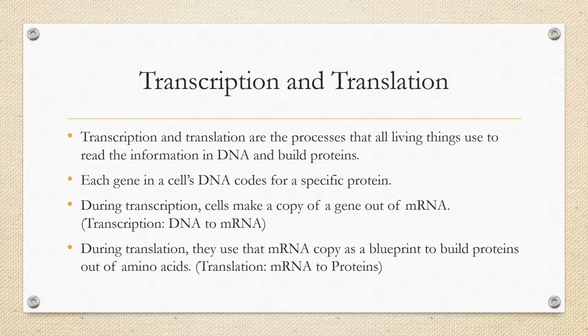So transcription is DNA to mRNA. And during translation, they use that mRNA copy as a blueprint to build proteins out of amino acids. So translation is mRNA to proteins.